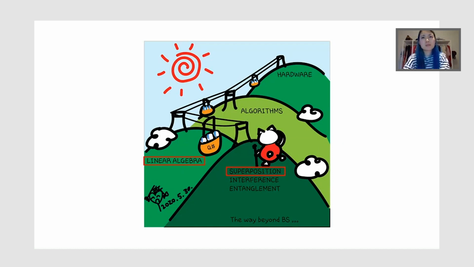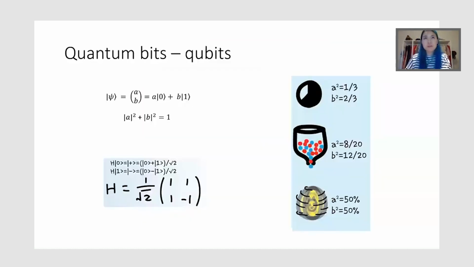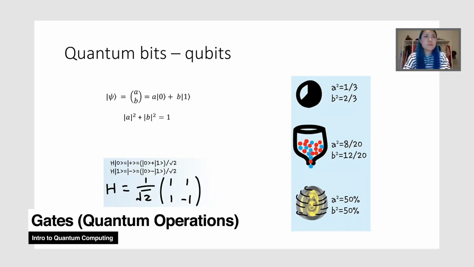That name may sound too heavy, but it is nothing but some matrices that can be applied to vectors to change your vectors. So remember, we have these states that are vectors, and you have some amplitudes associated with them.